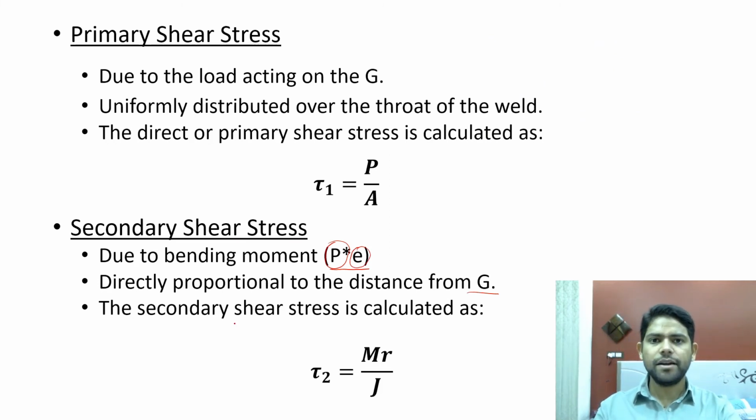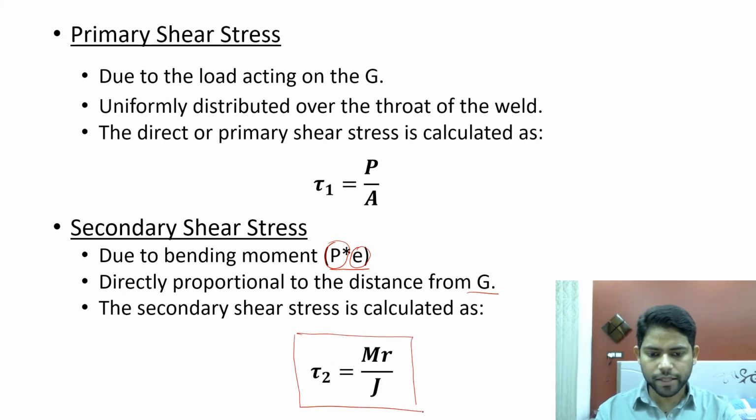And the magnitude of the secondary shear stress is equal to M times R divided by J, where M is the bending moment whose magnitude is given by this. R, as I told you, is the distance of the point where you are going to calculate the secondary shear stress, and J is the polar moment of inertia.